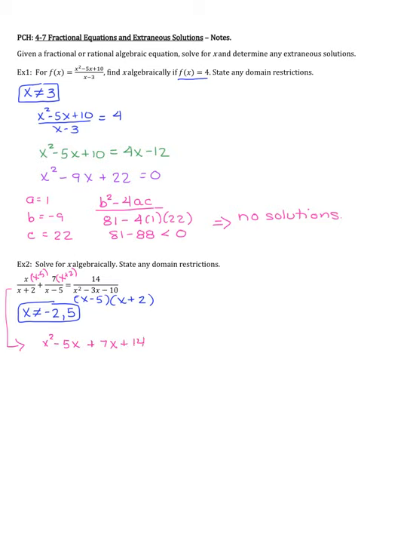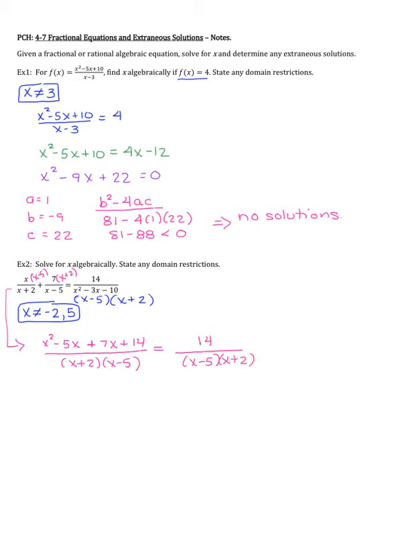There was a plus there, so everything's kept their same sign. That was just distributing, so now this is over the common denominator, x plus 2, x minus 5, and that is set equal to what they gave us, 14 over x minus 5, x plus 2, same denominator.